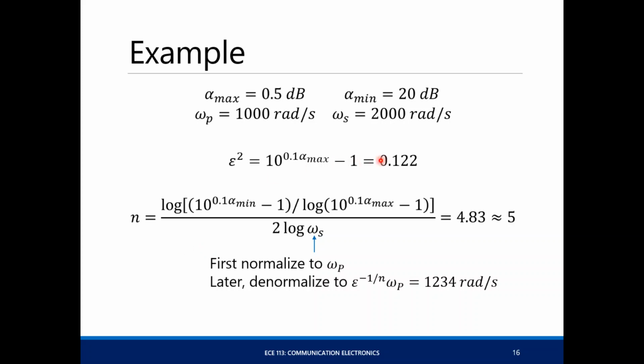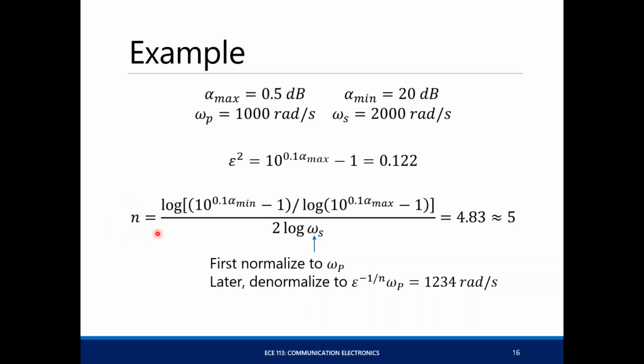Now from here, you can get your filter order by substituting into the equation from earlier, given alpha minimum, alpha maximum, and omega s. First normalize omega s to some normalizing frequency omega p. Later we will denormalize that to epsilon raised to negative 1 over n to convert our filter into a Butterworth filter.